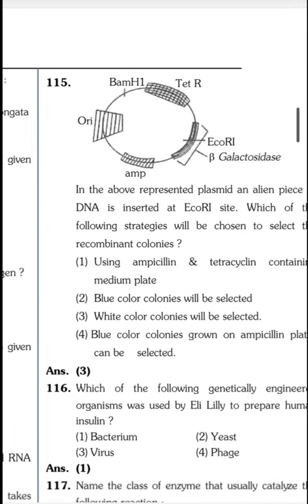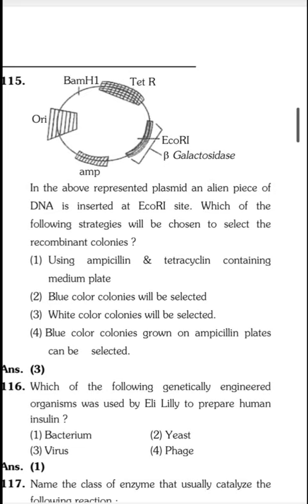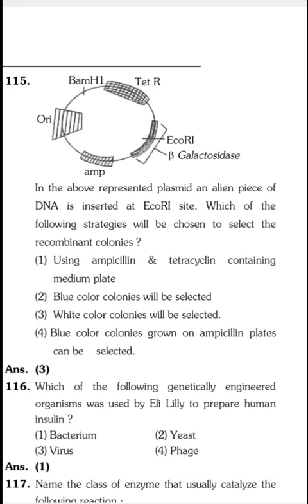See, 115, it is a diagram-oriented question that they have given here. They have asked: in the above represented plasmid, an alien piece of DNA is inserted at the EcoRI site. Once you insert an alien piece of DNA, it causes insertional inactivation of that gene. So beta-galactosidase will be inactivated.